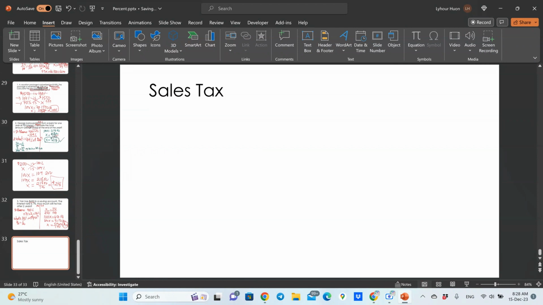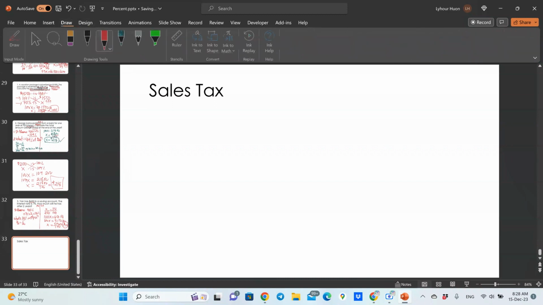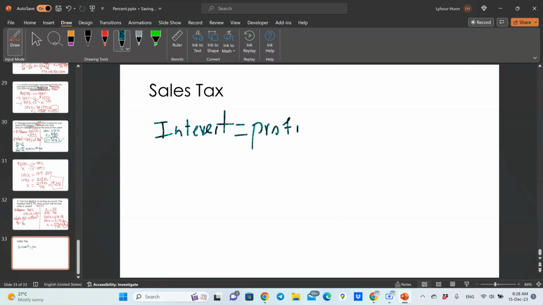So interest is the profit you earn from loans. Only from a loan? Yeah, only from the loan. That is called interest.